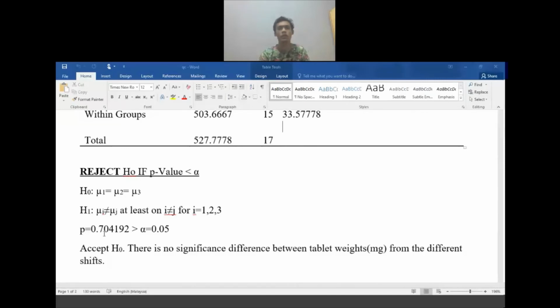So the p-value is higher than alpha. We can conclude that we accept H0. Therefore, there is no significant difference between tablet weights from the different shifts.